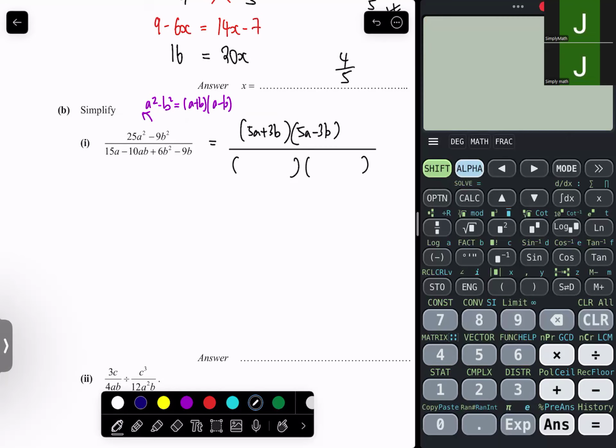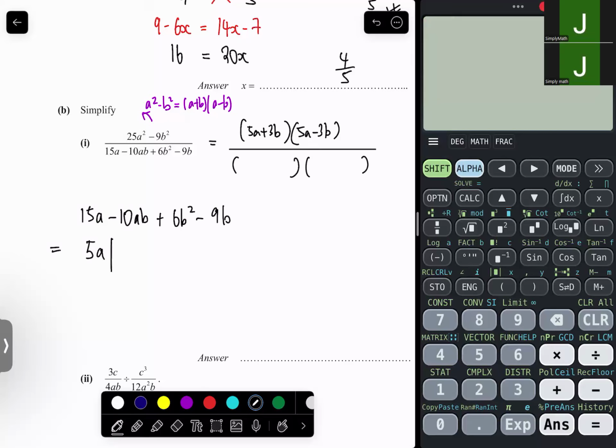So looking at the bottom, what is going to happen? 15a minus 10ab plus 6b squared minus 9b. So what kind of situation is this? This is a grouping kind of question because it's four terms. So the first one I'll look at is to take out 5a, because I know that 5a is important.